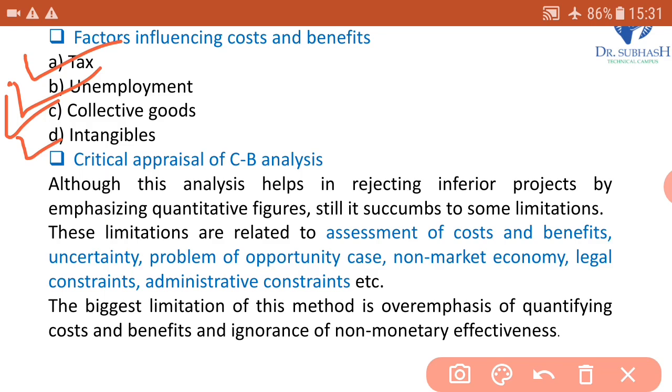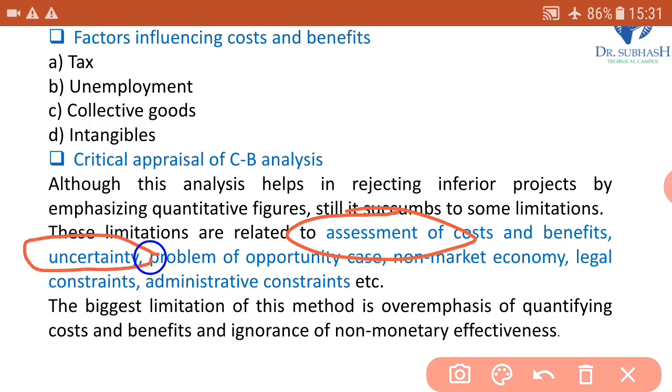Now, critical appraisal of cost benefit analysis. Although this analysis helps in rejecting inferior projects by emphasizing quantitative figures, still it has some limitations. The limitations are related to assessment of cost and benefits, then uncertainty, problem of opportunity cost, non-market economy, legal constraints, and some administrative constraints.